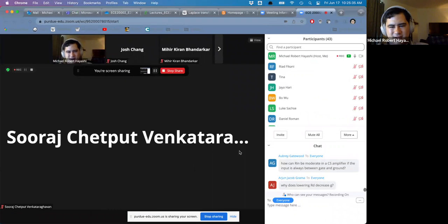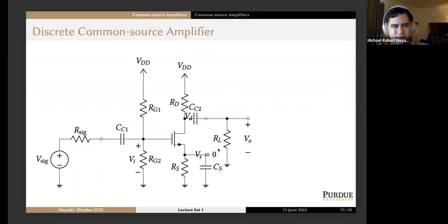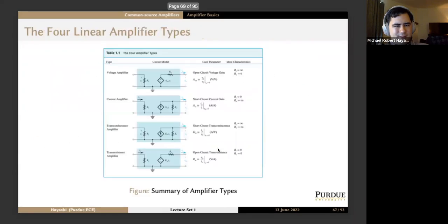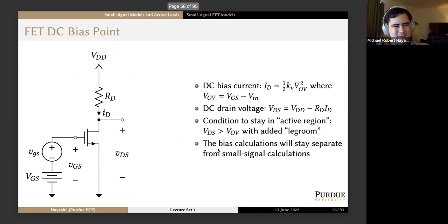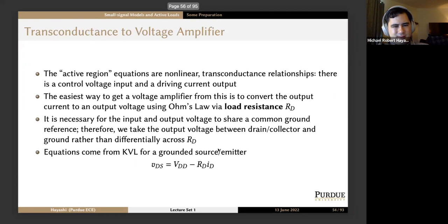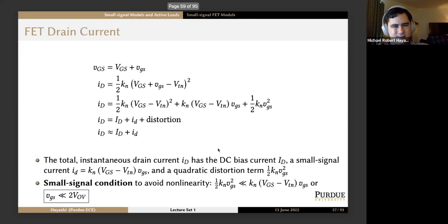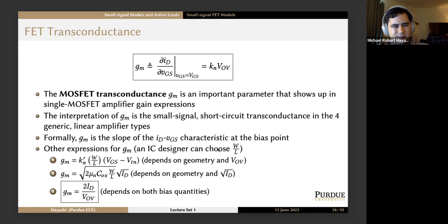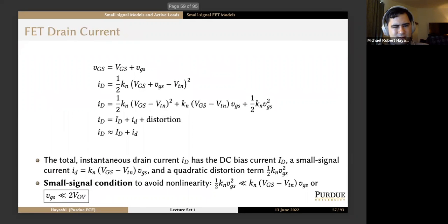Why does lowering RD decrease gain? Ooh. We have to go back a ways. You know, I don't have a good answer for you right now.